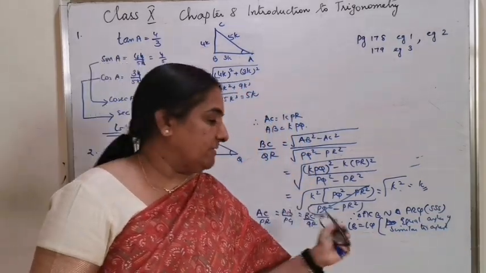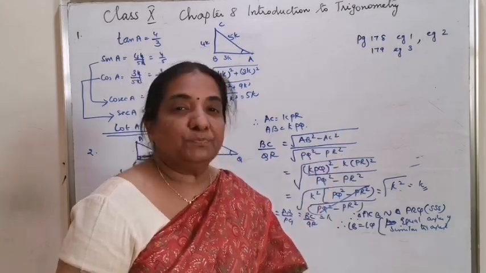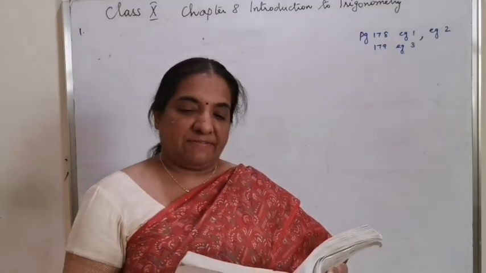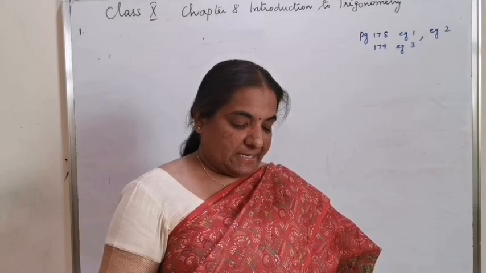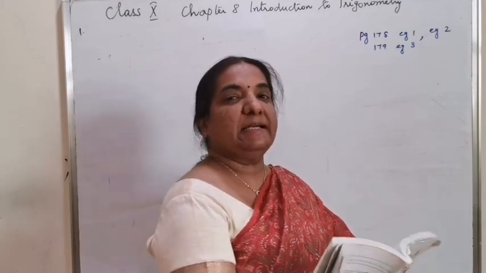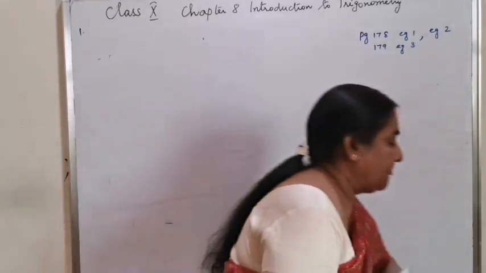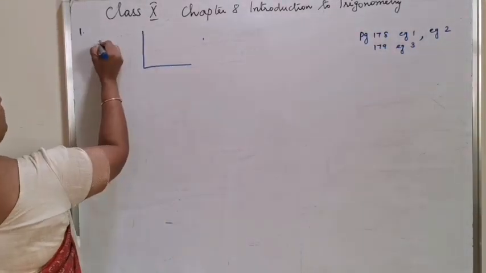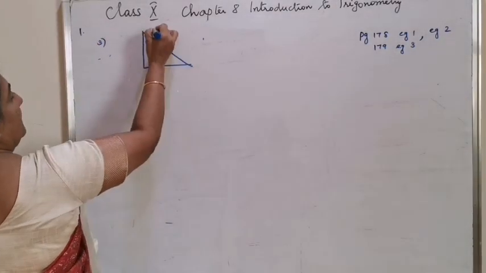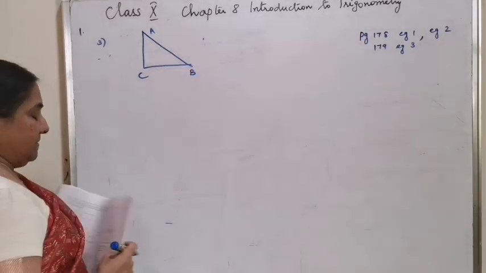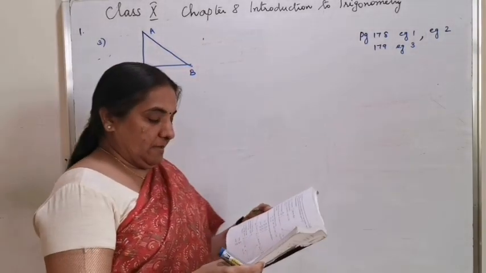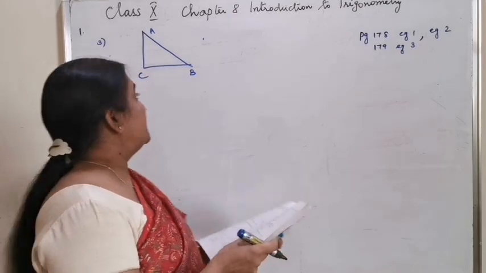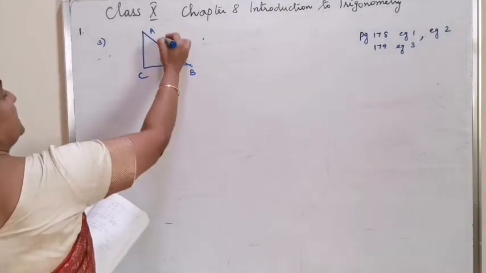This is worked out example 3, page 179. Consider triangle ACB right angled at C, in which AB is equal to 29 units.